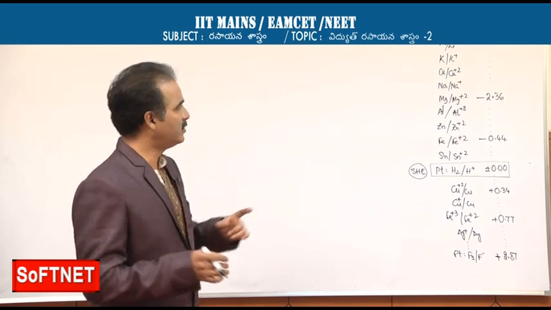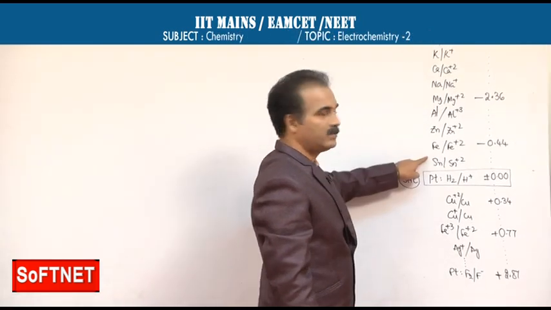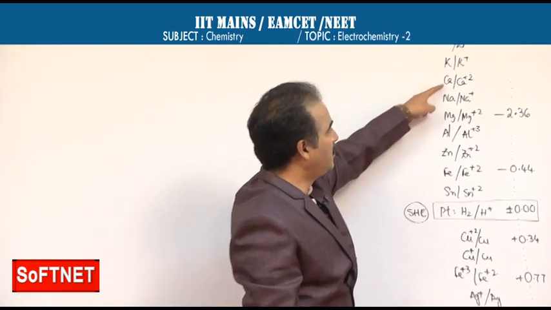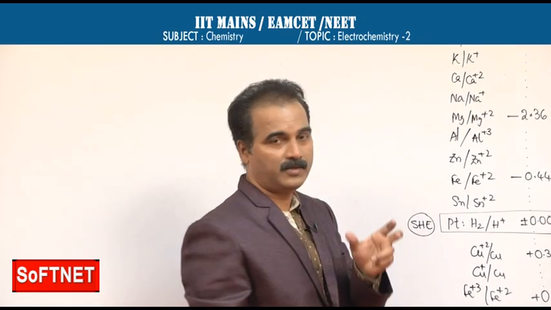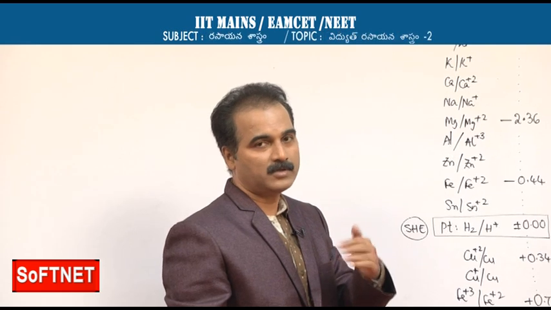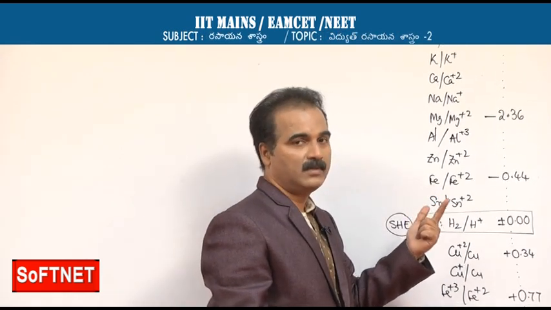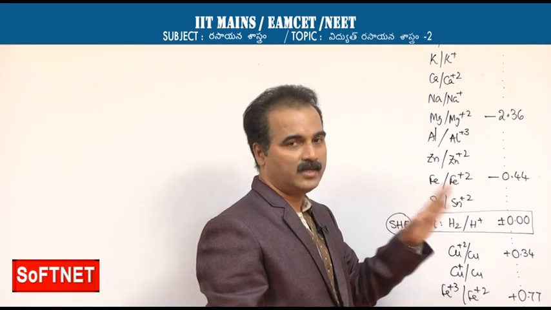So, if you list them out, this is called the electrochemical series, means each and every electrode one by one connected to SHE, and it is seen that if the electrode undergoes oxidation, its oxidation potential is assigned positive, means its reduction potential is negative.